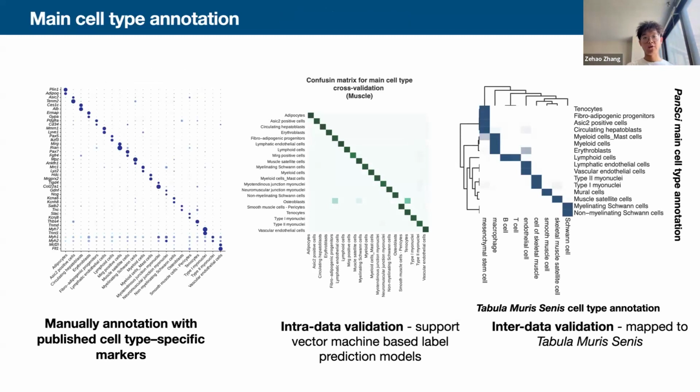One is we train a support vector machine model to do the intra-data validation, and we also cross-validate our data by mapping our aggregate transcriptome to the Tabula Senis data set, and we find most of the cells precisely mapped to the Tabula Senis.